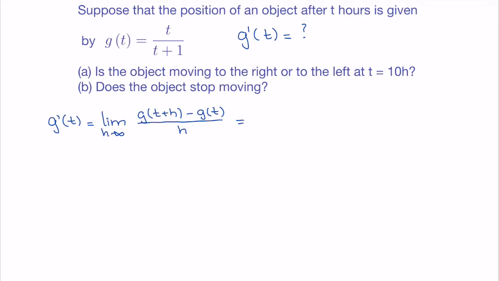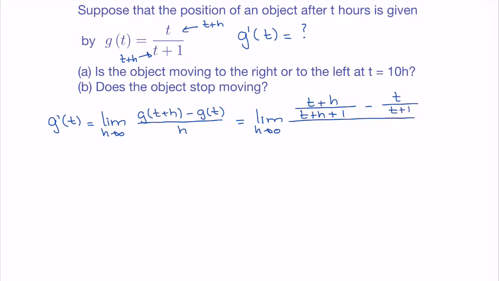So let's replace t with t plus h in the function. We get the limit as h approaches 0 of t plus h on the top, and t plus h plus 1 in the denominator, minus g of t, which is t over t plus 1, all over h.